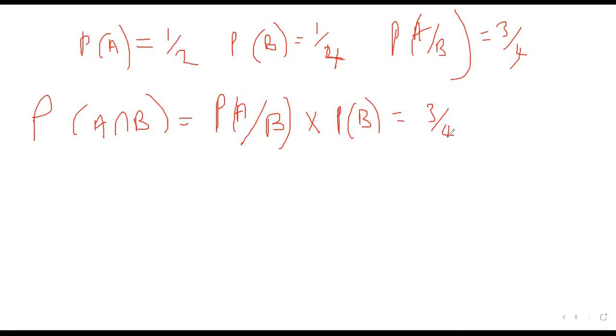And what is our probability of B? A quarter. So we're going to have 3/16. Or if you're not comfortable with fractions, you can put them in decimal: 0.75 times 0.25. What are you getting?